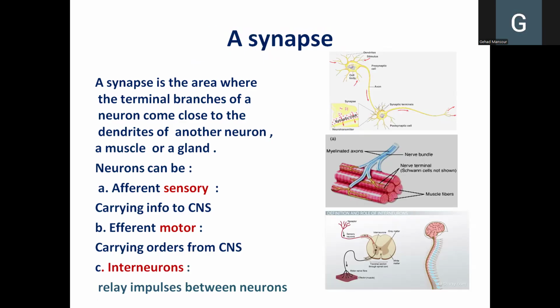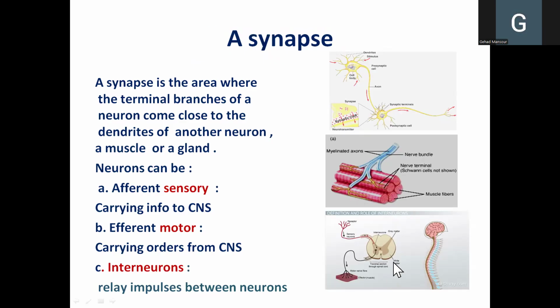If it carries impulses away from the central nervous system, then it is an efferent neuron. So we consider the neurons afferent and sensory, or efferent and motor, according to whether they transfer towards the central nervous system or they transfer away from the central nervous system.